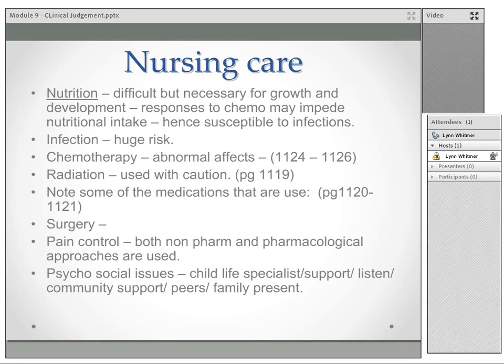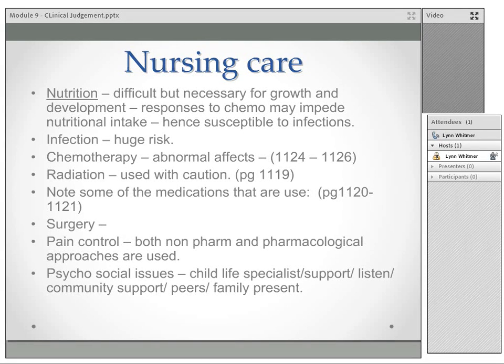They also become much more susceptible to infection when you're malnourished and not taking in good nutritional intake, especially vitamins and minerals. So infection, of course, is going to be a huge problem with chemotherapy or radiation. They become a little more neutropenic. They don't have the ability to fight infection.